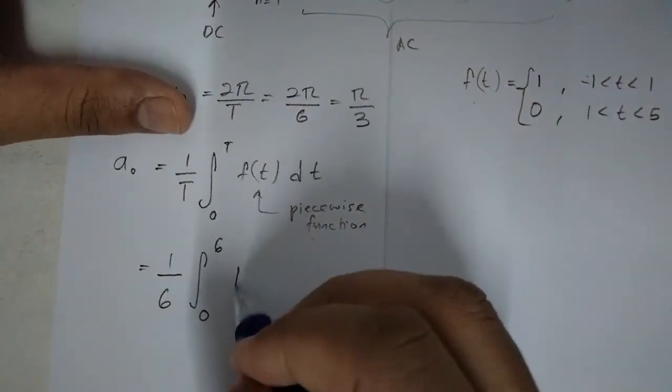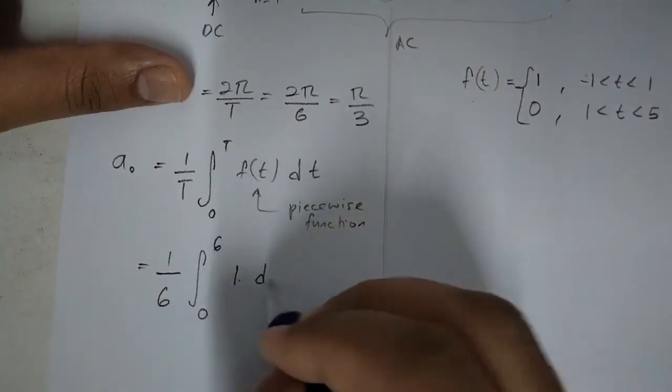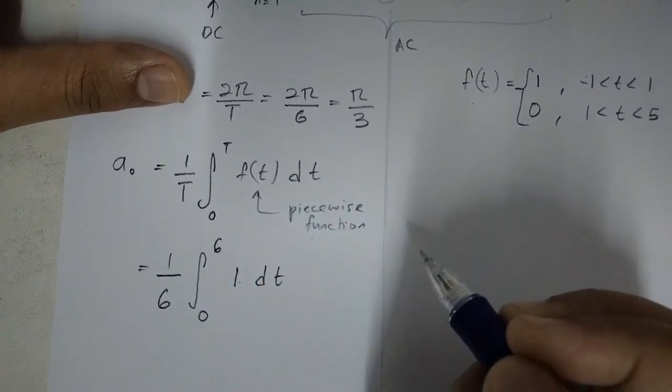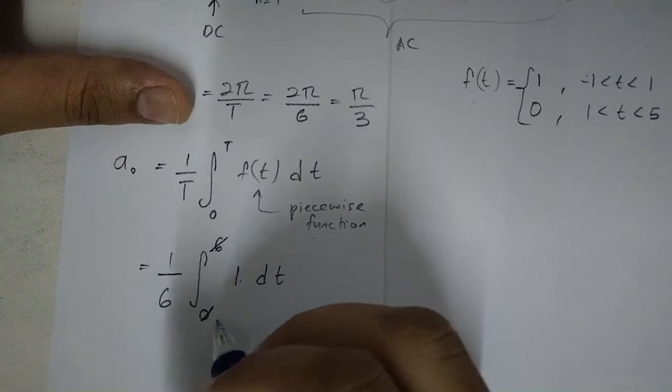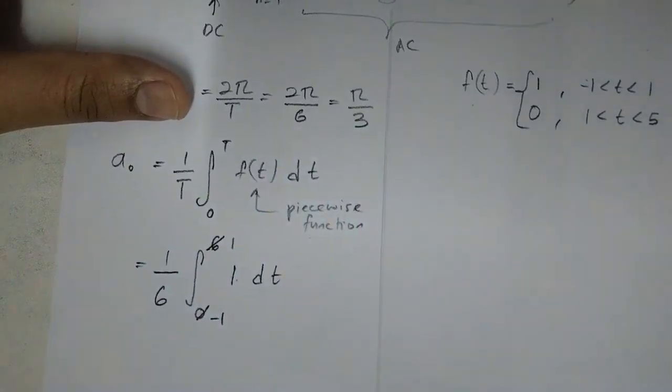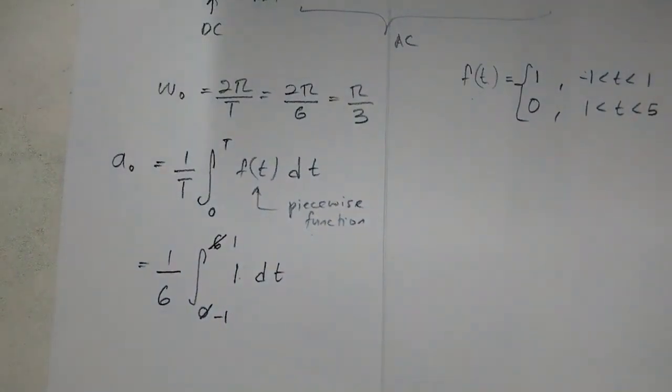So f(t) is 1 dt, but this is from -1 to 1.